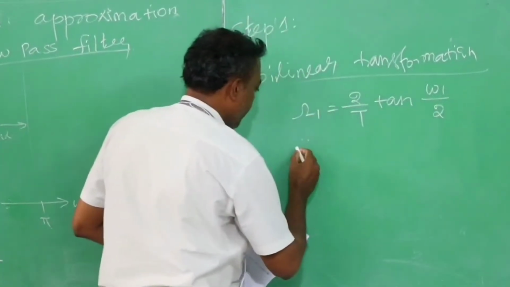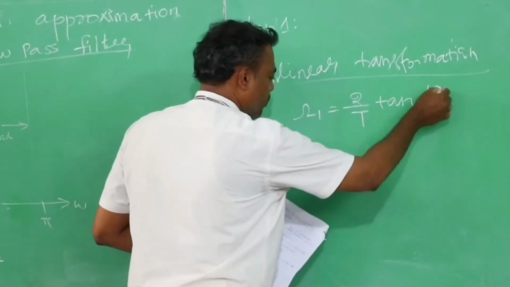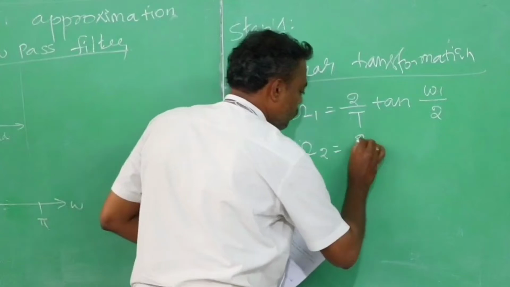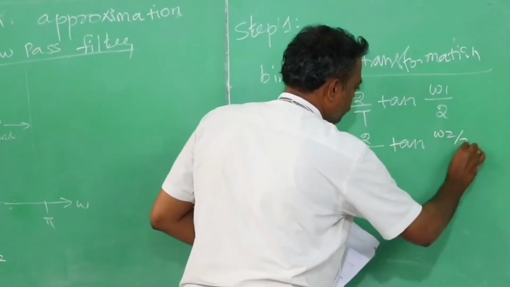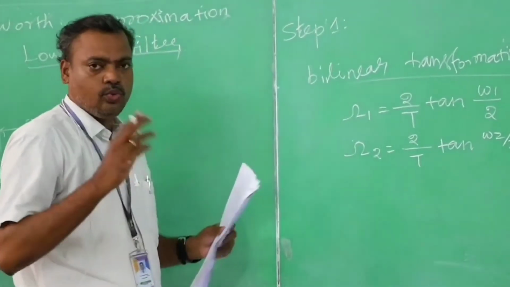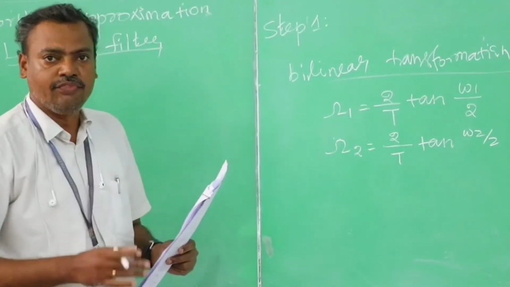In the same way, for the other edge frequency omega 2, from this digital frequency we can calculate the analog frequency, which is equal to 2 by T tan of omega 2 by 2. In the first step, there are two different transforms used for the mapping of the frequencies.